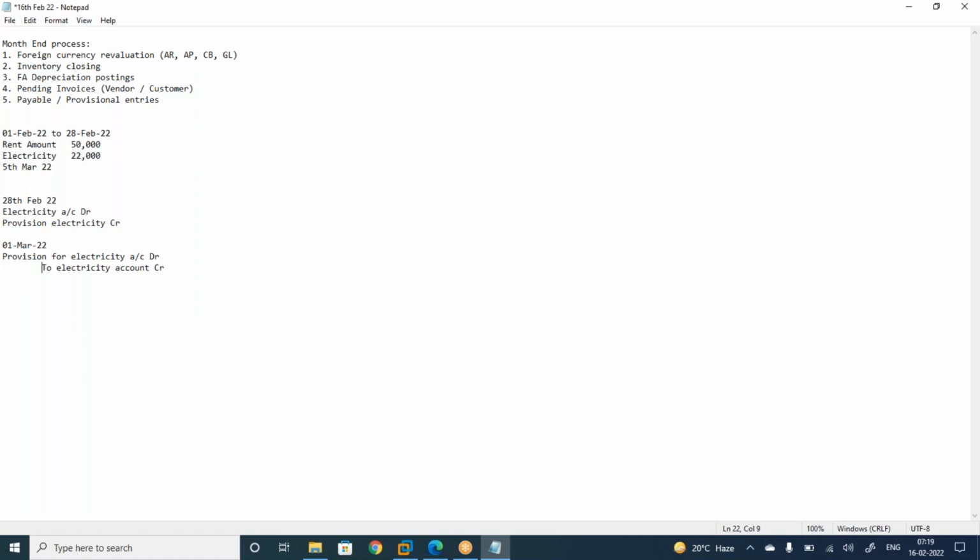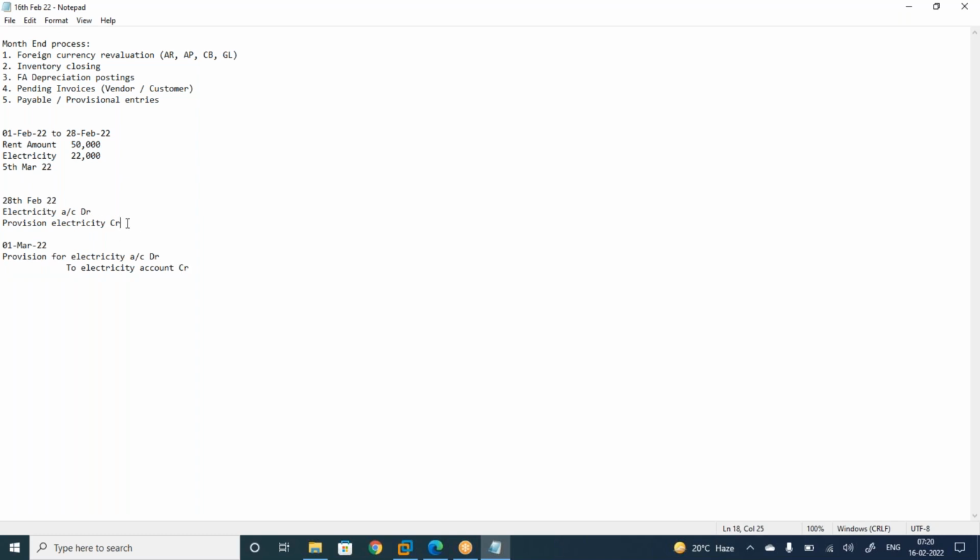Usually, as per commerce, debit is written a little bit first and credit is written indented like this. That is the reason I'm giving spaces. Okay, fine, so they will post like this, so that the net effect on the electricity account becomes zero.